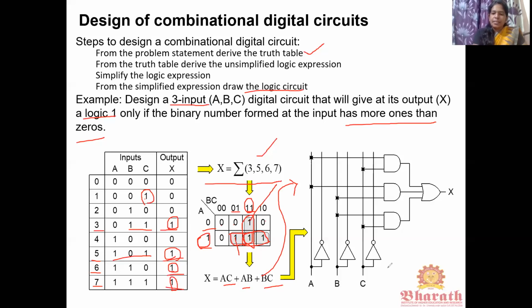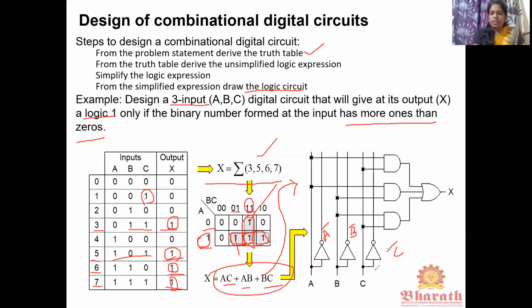So AC means A, B, C. Totally 3 variables. Then this is A complement. We are using the AND gate. So this is B complement. This is C complement. So AC means A. Here we are not having any complements.